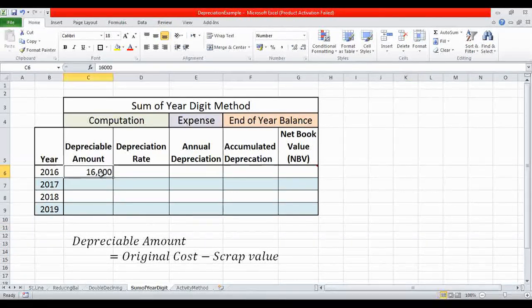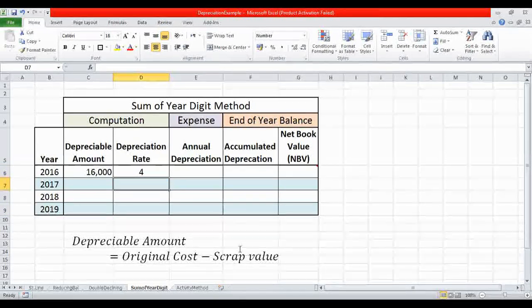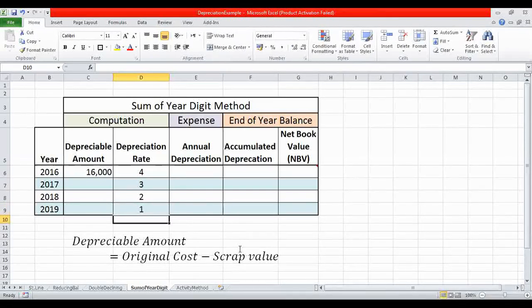Now the problem comes in the depreciation rate. This method assumes that because the life of this machine is 4 years, when we buy it, we will write over here that now the life of the machine is 4 years. After using the machine for 1 year, in 2017 the rest of the life of the machine will be 3 years, then 2 years, then in 2019 this is the last year we are going to use the machine.